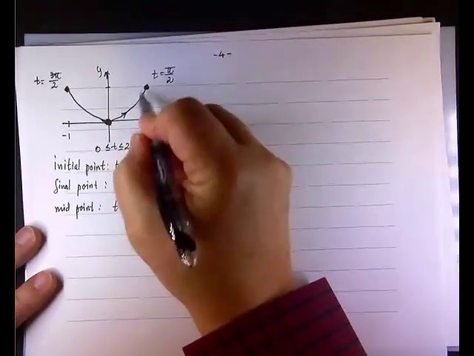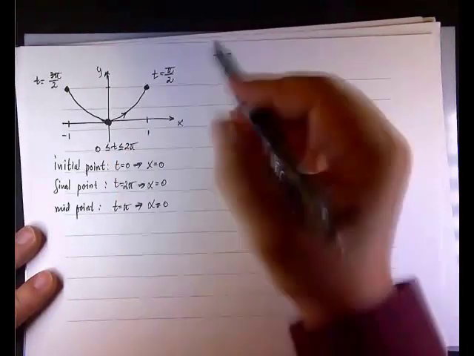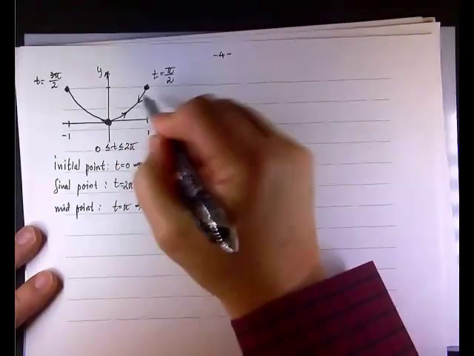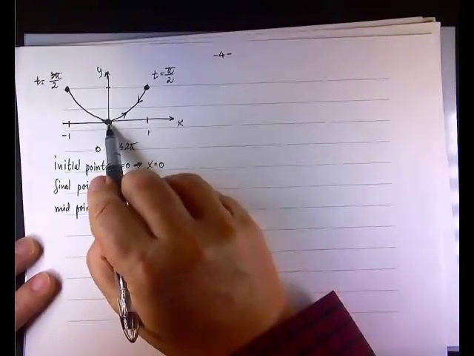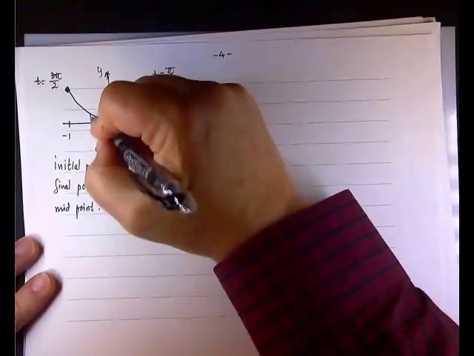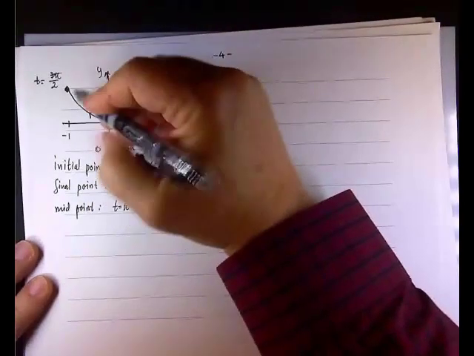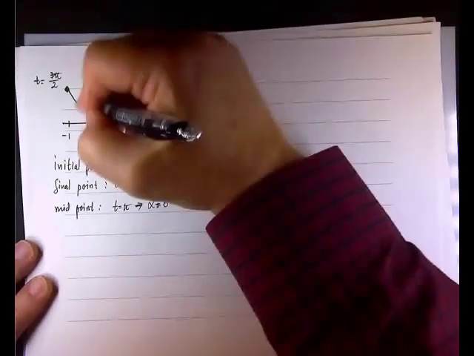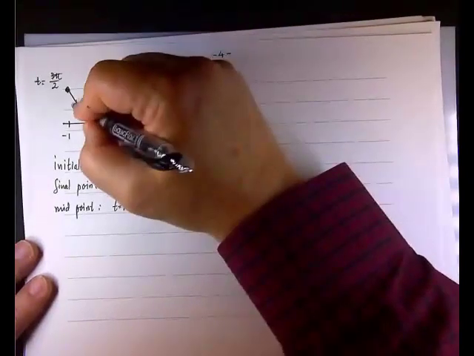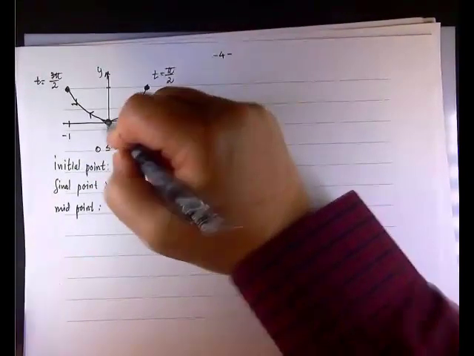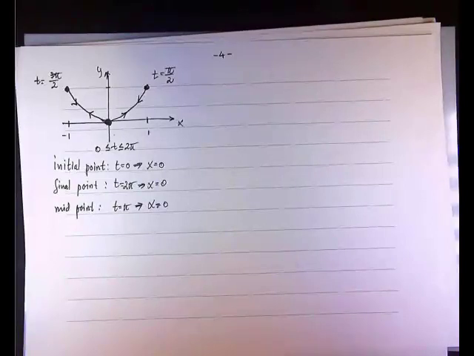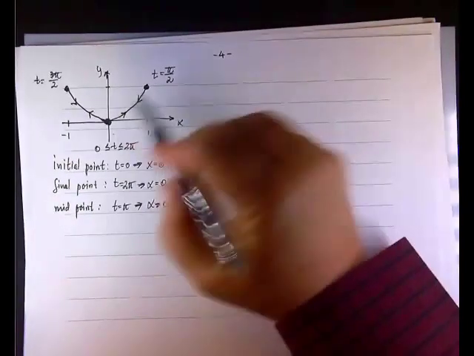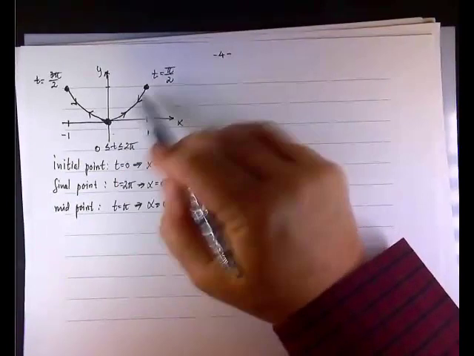So if you think about the motion, we start at the origin, we go all the way up here at t equals pi over 2, and then we move back. At t equals pi, we are back where we started, and then we go this way between pi and 3 pi over 2. We get to 3 pi over 2, and then we go back, and we end up at 2 pi. So you can see a pendulum motion here.